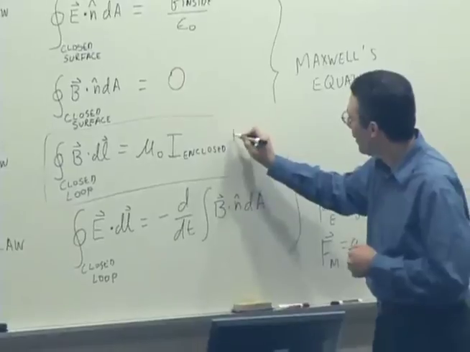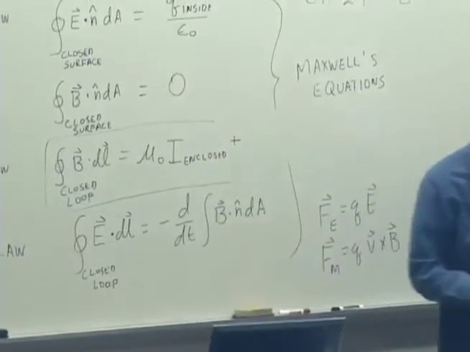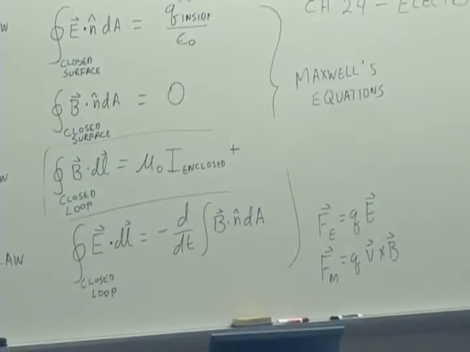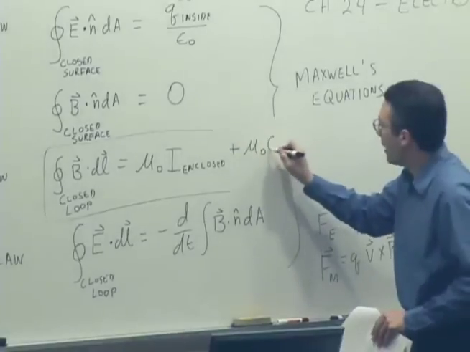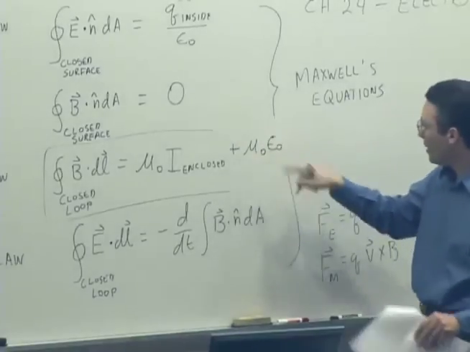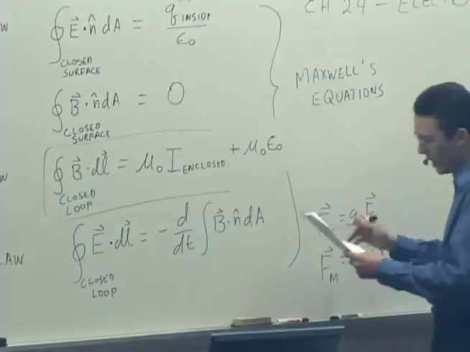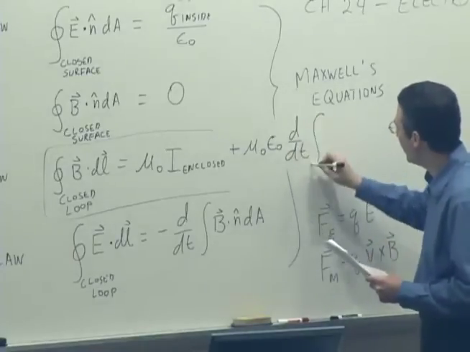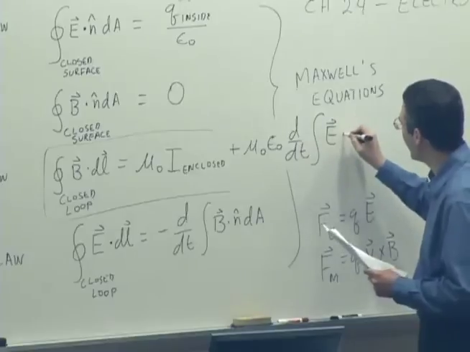And the term we have to add, and I got to make sure I get the constants correct here, the term is mu naught epsilon naught, so this magnetic constant and this electric constant, times a time derivative of an electric flux through that surface.